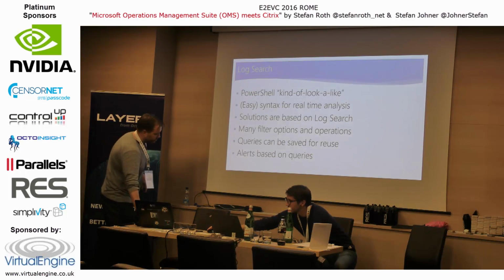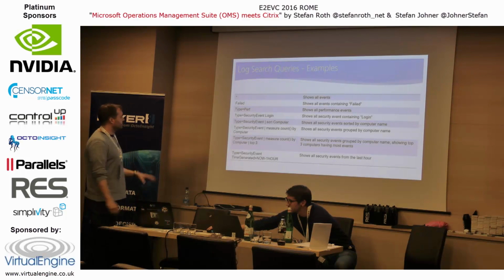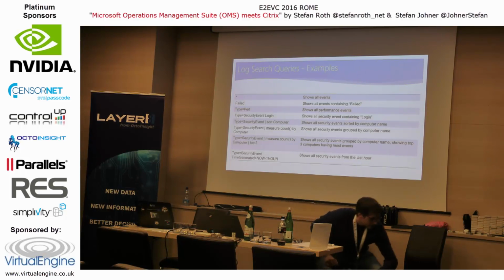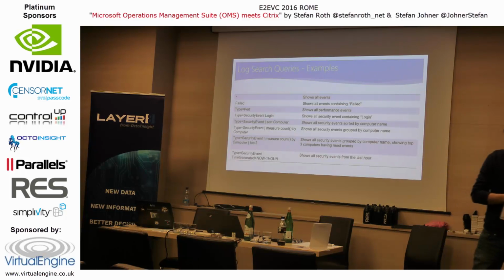So what I would like to do is show you how it looks, the easiest way. You have this big data pot, and then you type star and you get all this data. You have seen the solutions, and all these solutions have a type. So you have performance data, it's type equals perf, or you have event data, type equals event, or you have security events, type equals SecurityEvent.